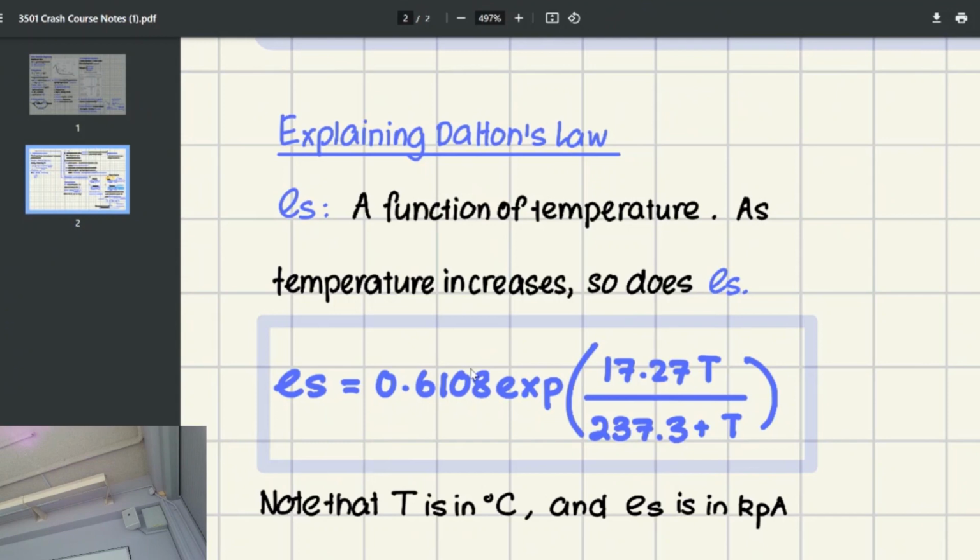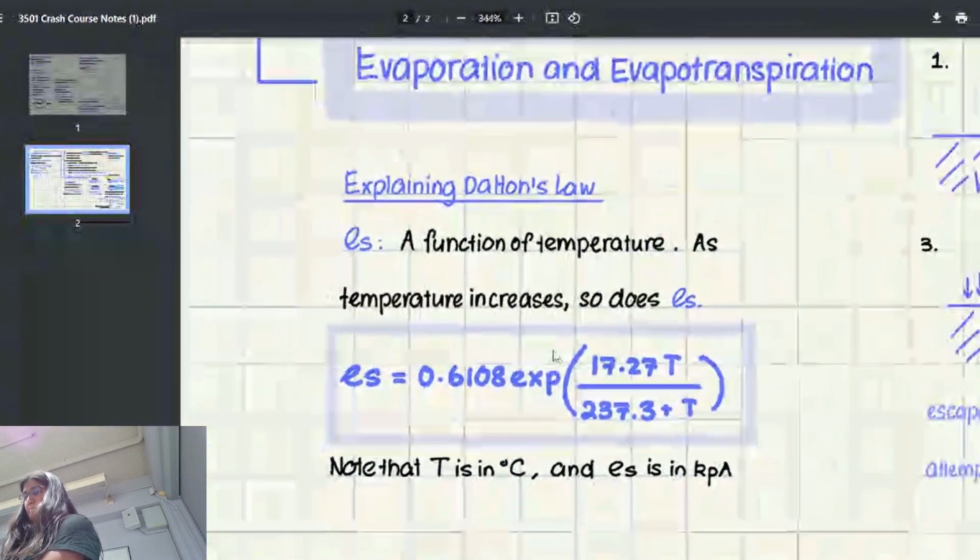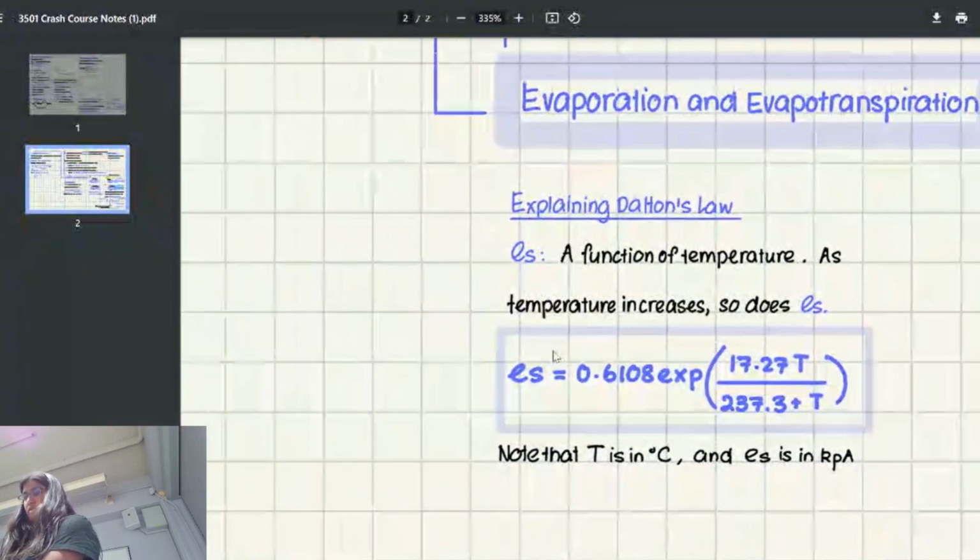So as the temperature increases, so does the saturated vapor pressure. And this is one of those formulas where, as I've mentioned before, it's really annoying. It only works if you use the temperature in Celsius, and then the ES is in kPa. If you want to take note of that formula there. Okay.